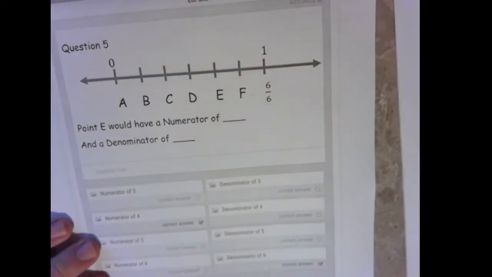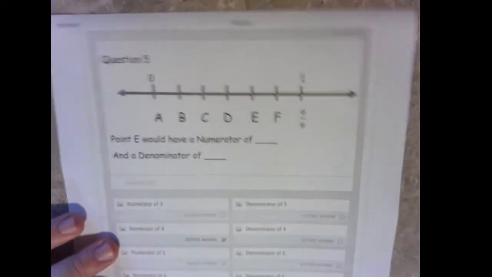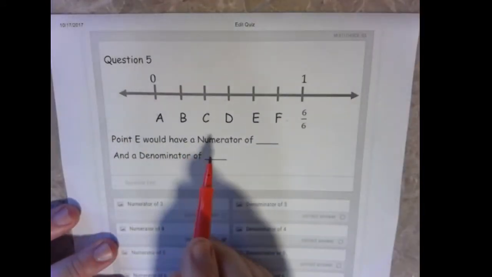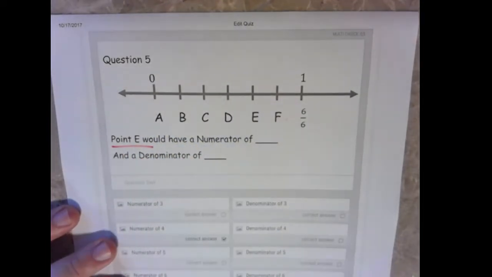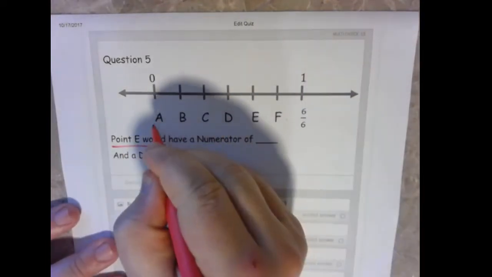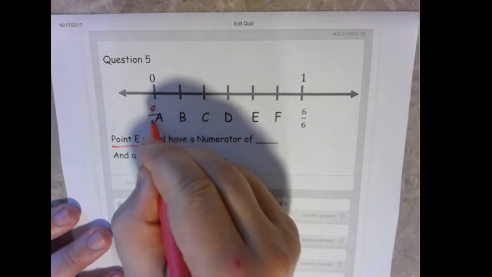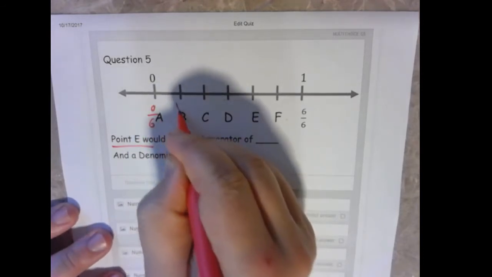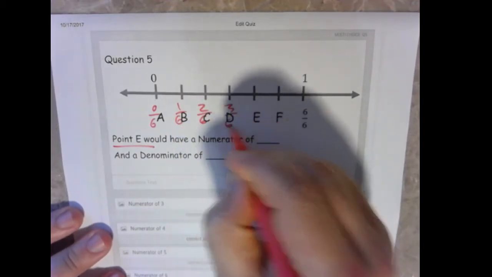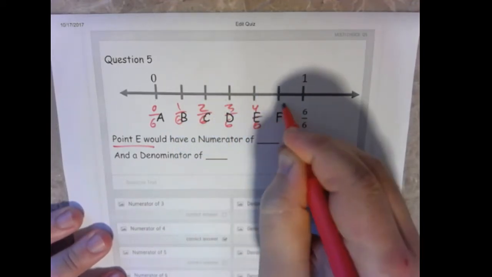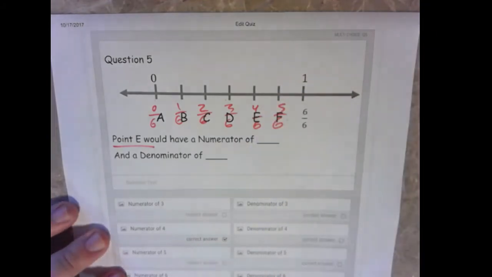Okay, here's using actually the same number line, but asked in a slightly different way. So point E would have a numerator of what and a denominator of what. We figured out that this was 0/6, 1/6, 2/6, 3/6, 4/6, and 5/6 of the way there.